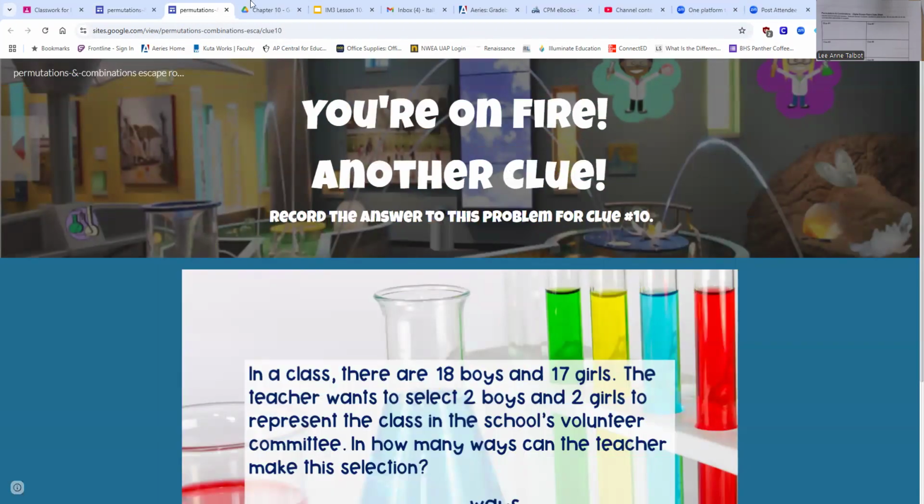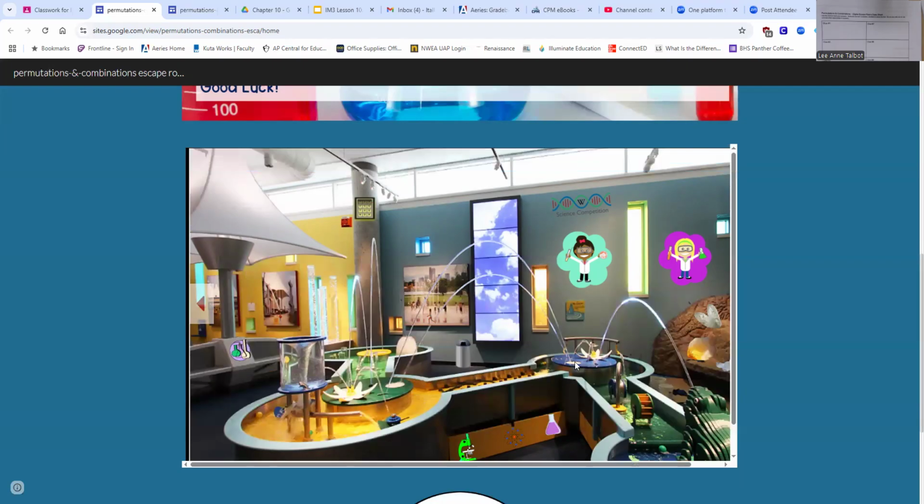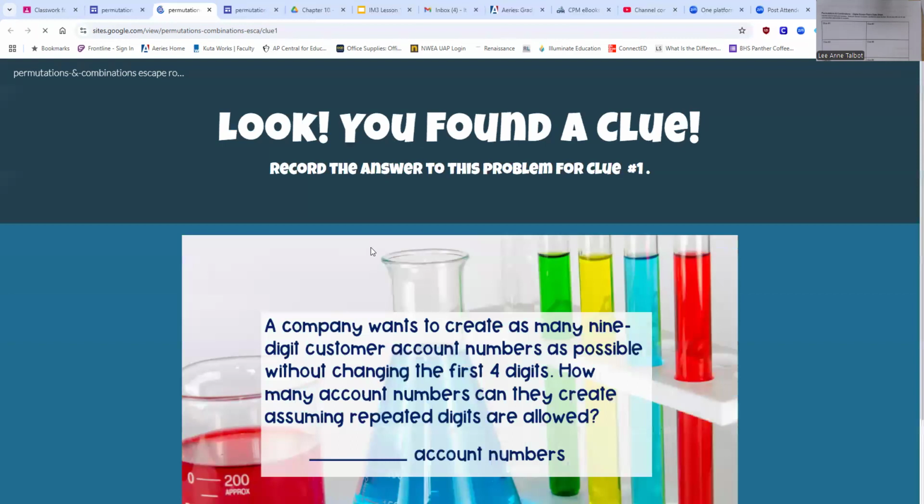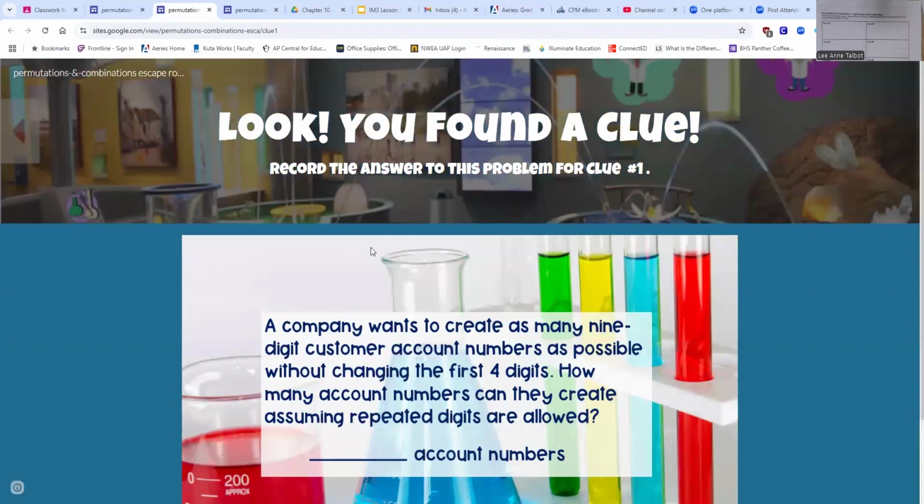I'm dumb. We don't want number 10. We want number 1. Number 1 is this red fire alarm up on the yellow wall there in the top left corner. It says, look, you found a clue. Record the answer to this problem for clue number 1. You can see where it says number 1, a little teeny tiny number over there.